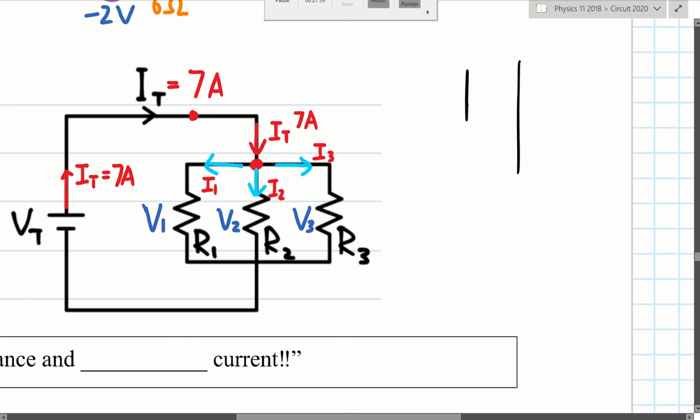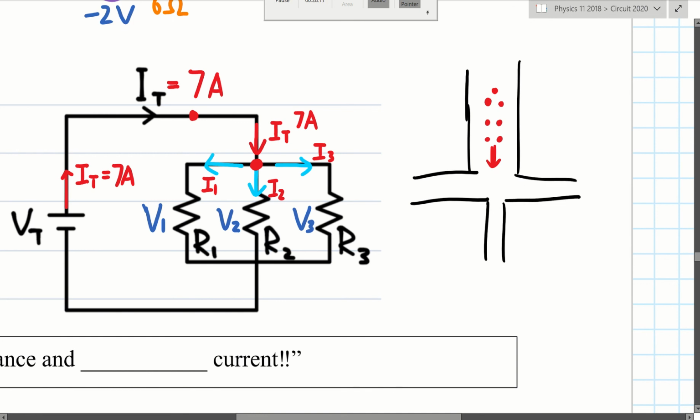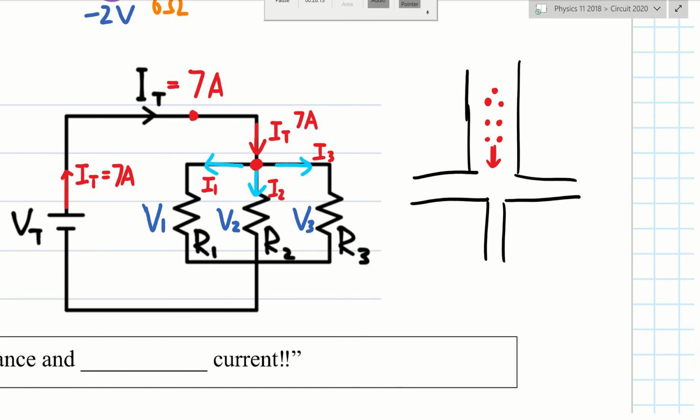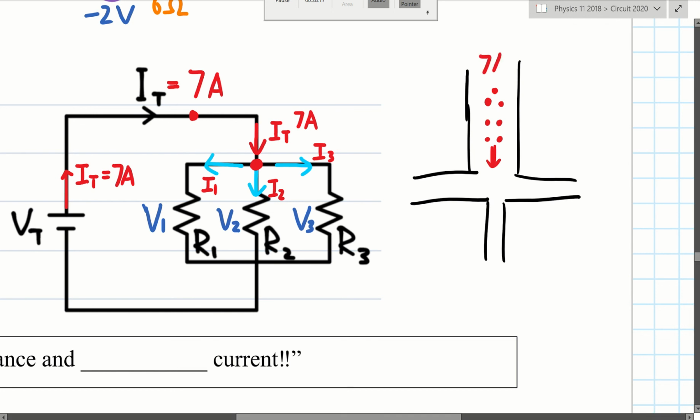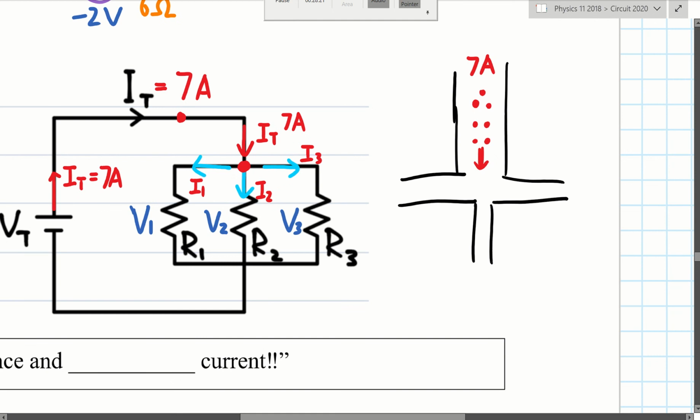I have 7 people, 1, 2, 3, 4, 5, 6, 7, and they're all going down this row. And I have 3 pathways for them to exit that junction point. So how many people should exit that junction point? You have 7 amp in. How many amp go out? It only makes sense if the amount of people going out is also 7, right?